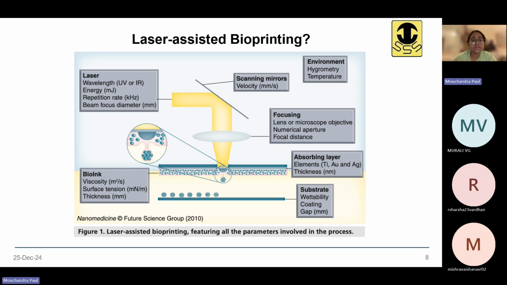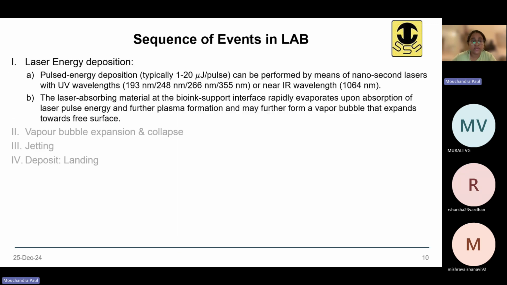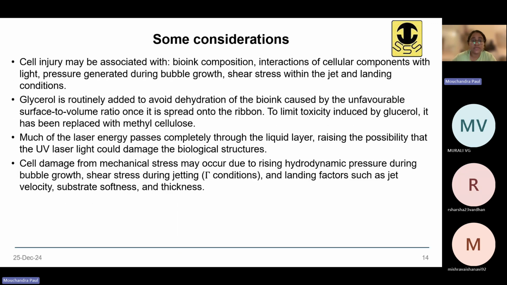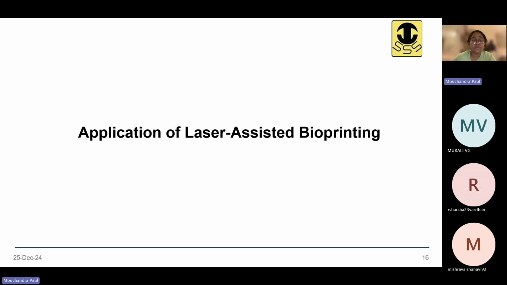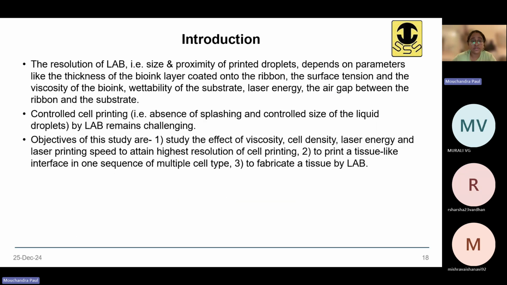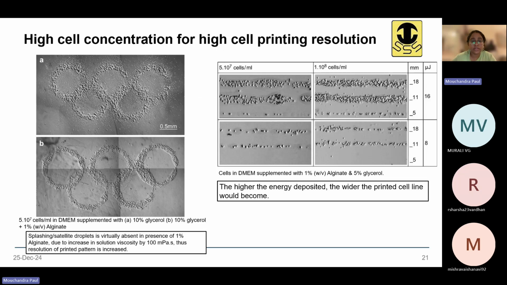If you do not, then the droplet will not be formed at all. So when there was no droplet, it is possibly because the threshold value of energy was not crossed in this case, where they were using a very small aperture and very low laser energy.